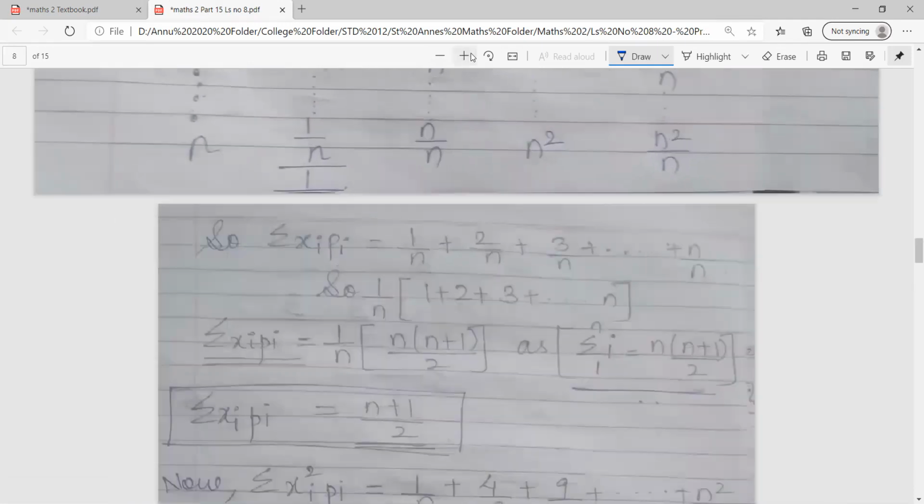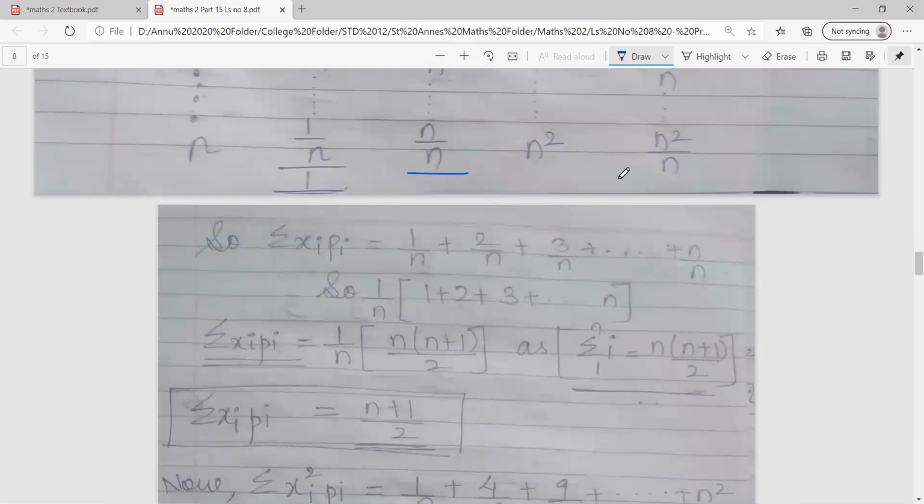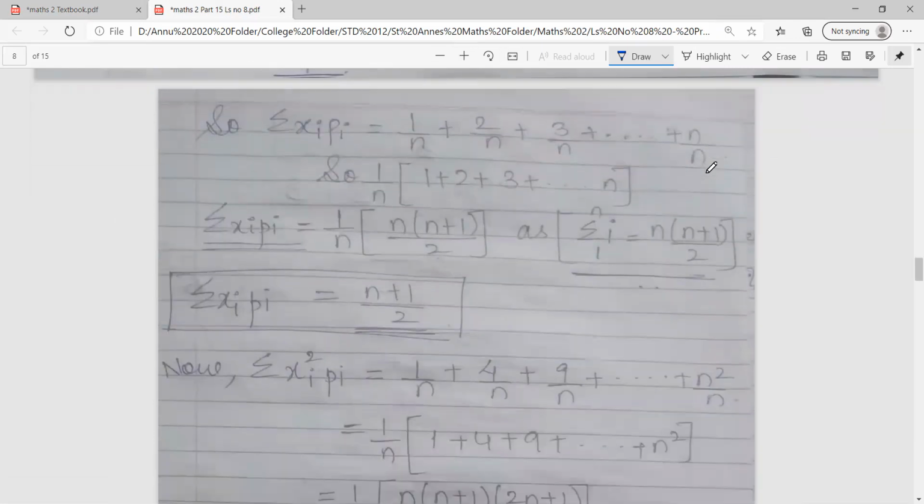After preparing, now this is a little bit trickier part, so try to understand this. Summation x p, that is, we have to total column number 3 and total column number 5. So summation xi pi is equal to 1 upon n plus 2 upon n plus 3 upon n up till n upon n.